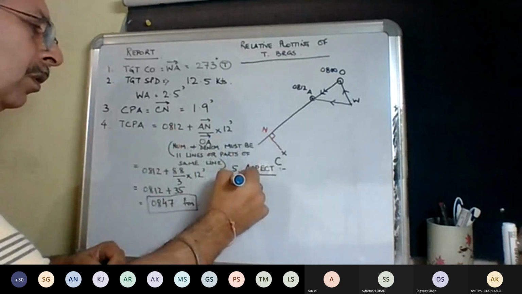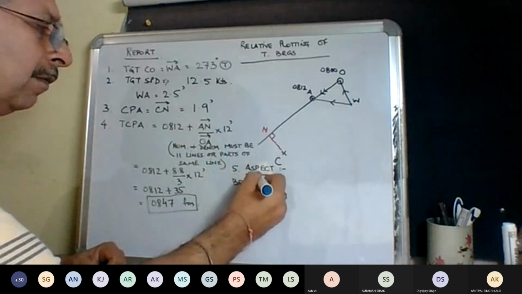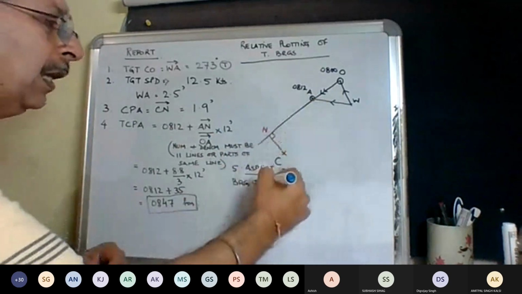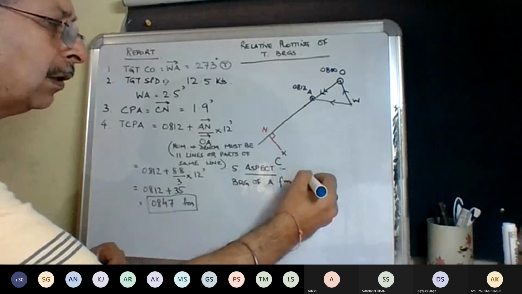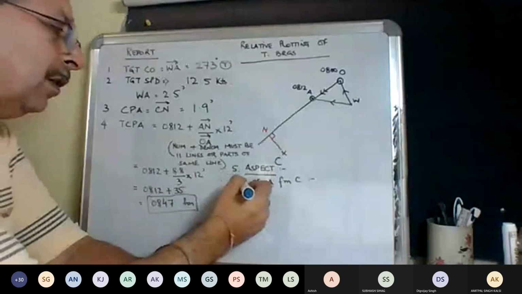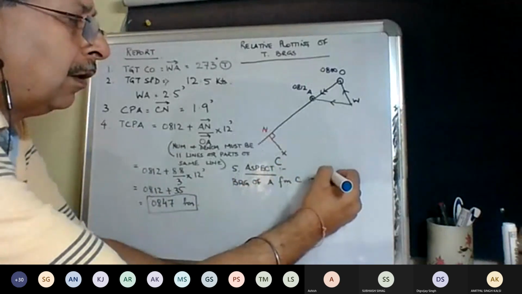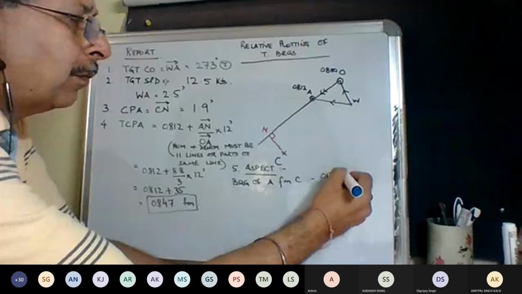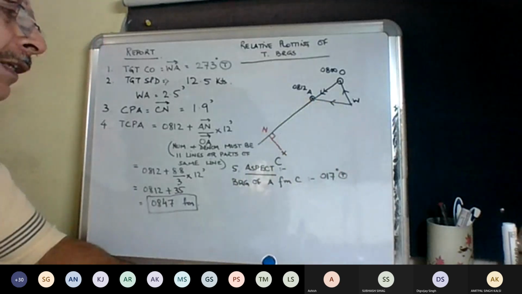So first is the bearing of A from Charlie. That is, the bearing of A from Charlie is the last reported bearing, that is 017.